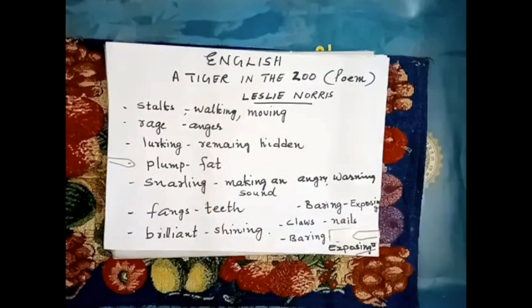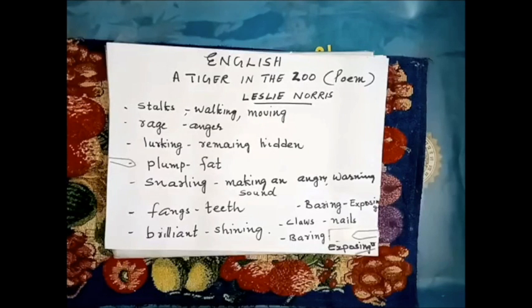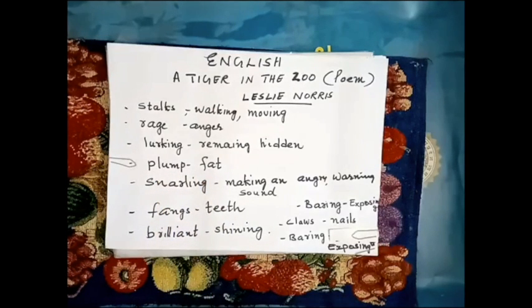So the tiger will be hiding near the water so that it knows any animal will come to drink water and it can attack it. Okay, and plump means a fat deer may pass, it may come that side.